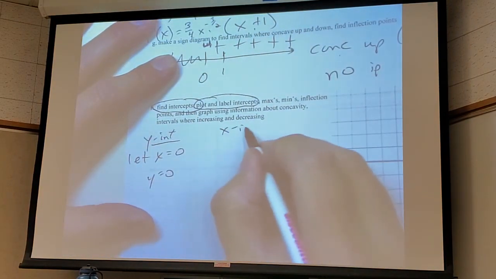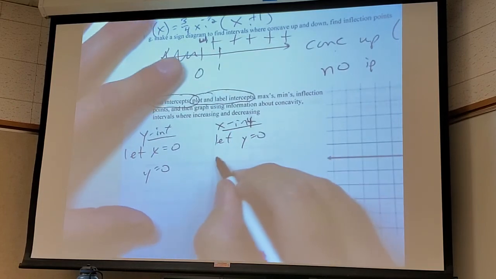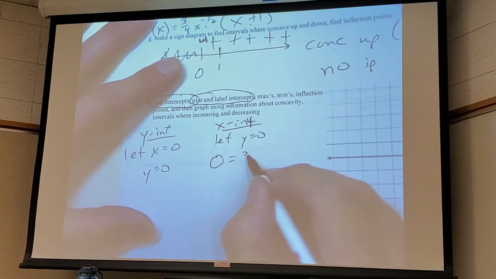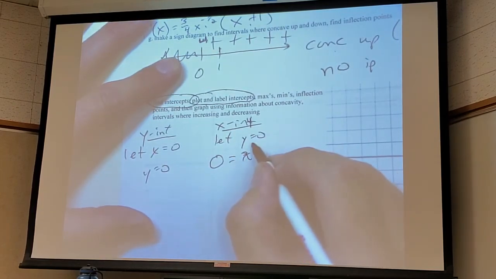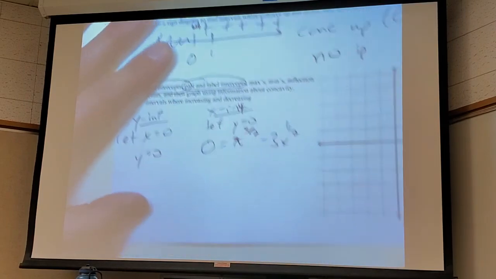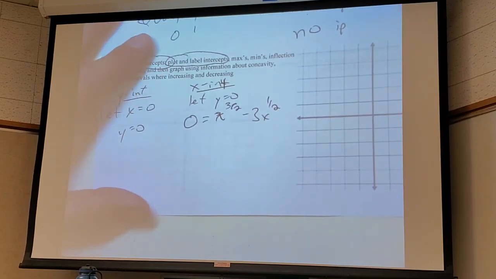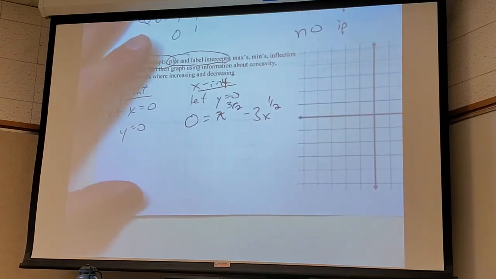Now to find the x-intercepts, what do I do? Let y equal 0. So then you get 0 equals x to the 3/2 minus 3x to the 1/2. Can somebody help me out with how to solve that?